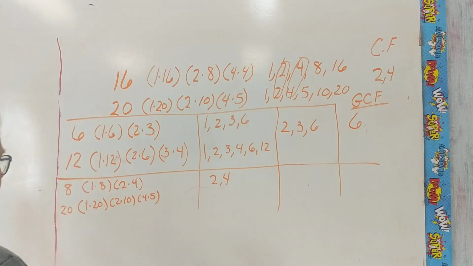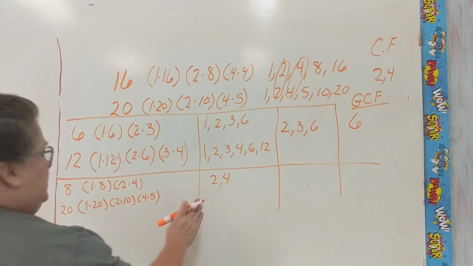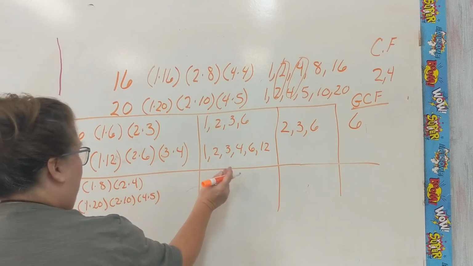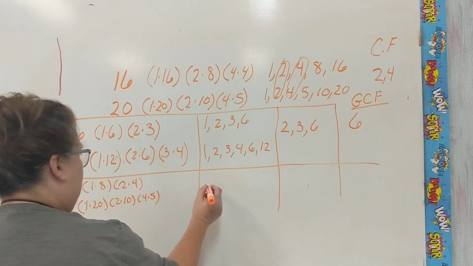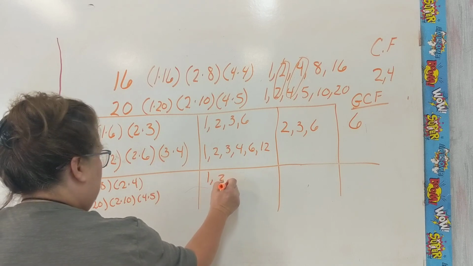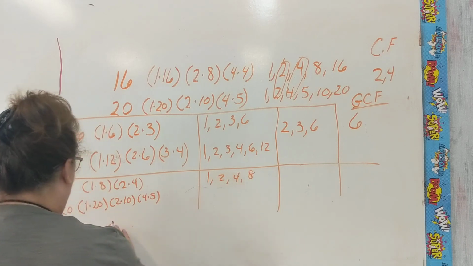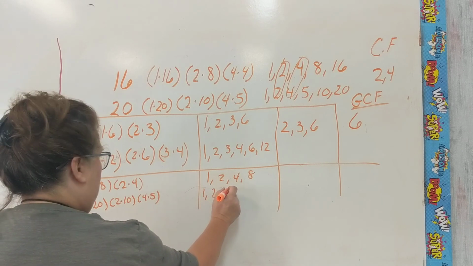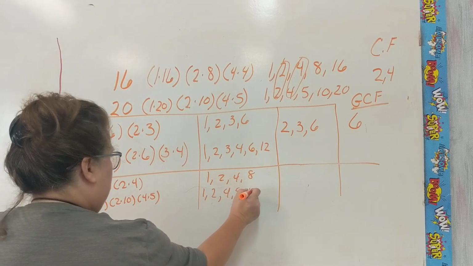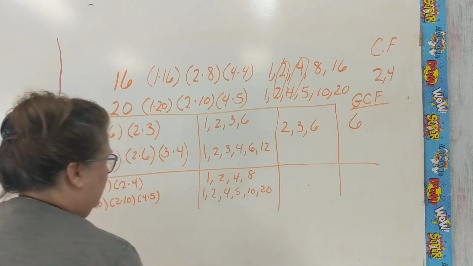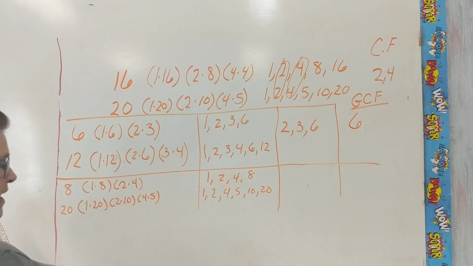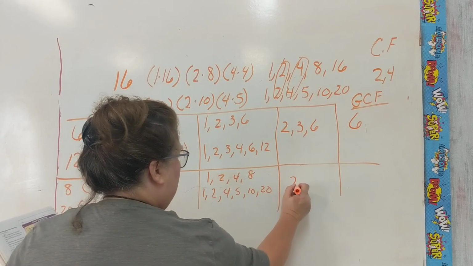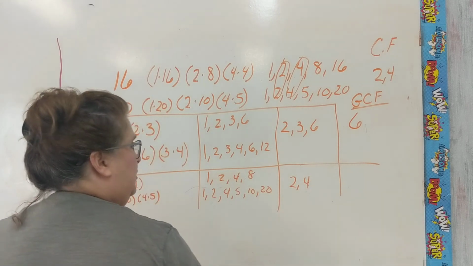I don't see any more. Oh no, I'm sorry, I didn't list our factors in the next box. I'm sorry guys. So not our factor pairs, our factors. So our factors of 8 are 1, 2, 4, and 8. Our factors of 20, 1, 2, 4, 5, 10, and 20. So our common factors are 2 and 4. And our greatest common factor is 4.